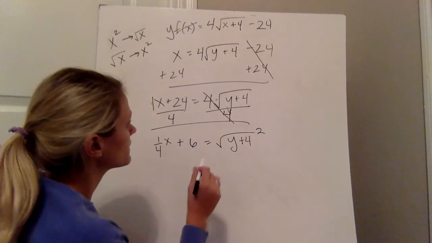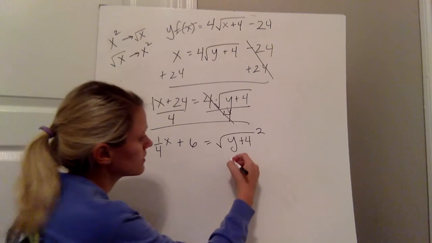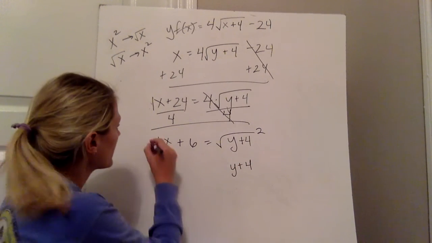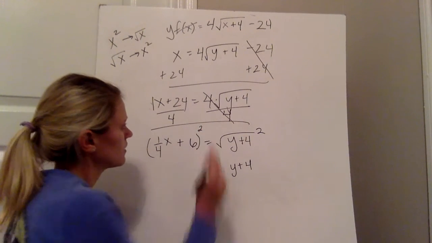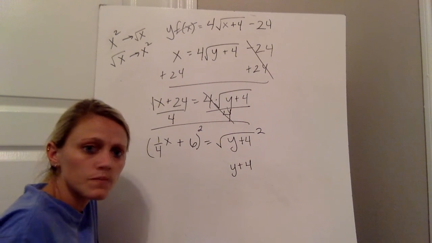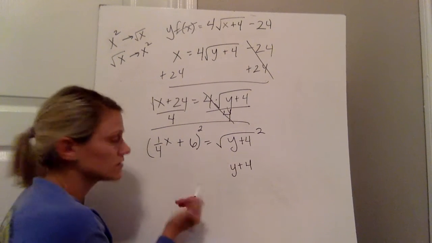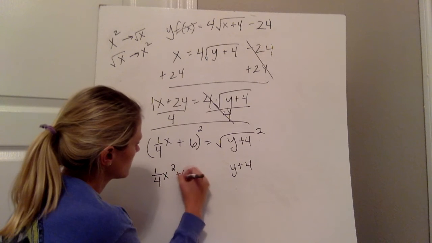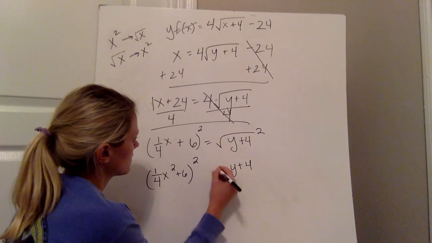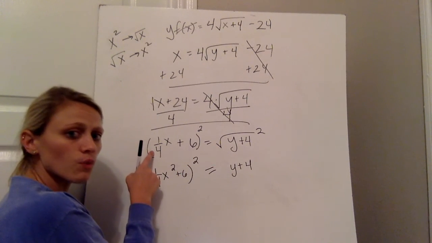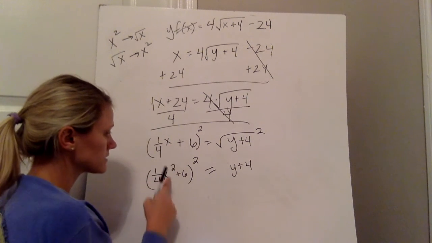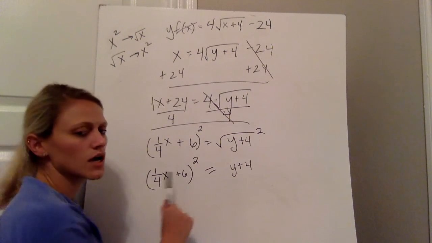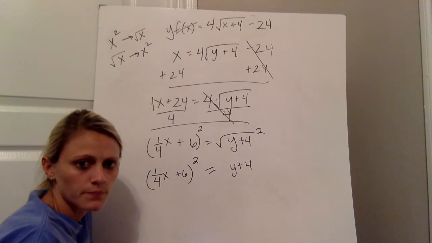But if I square all this to get rid of the square root, I have to square all this, which now means on this side, I'm going to end up with 1/4 x plus 6 squared.